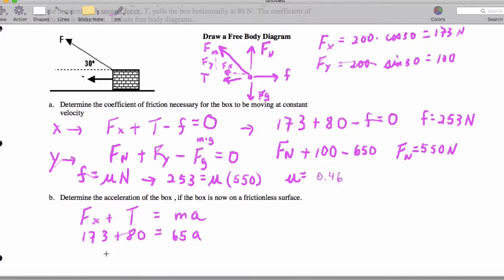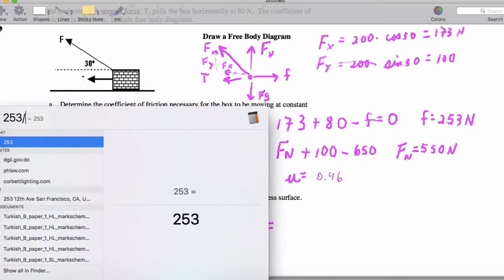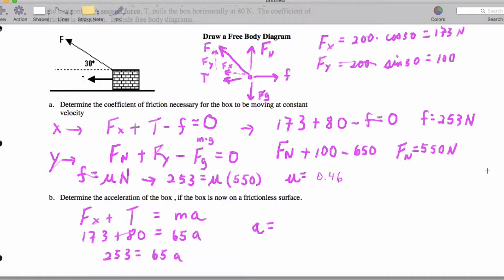So we're going to end up getting 253 equals 65a, and our acceleration is going to end up being 253 divided by 65, which gives us 3.89 meters per second squared.